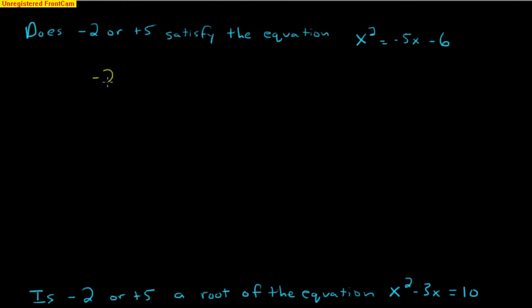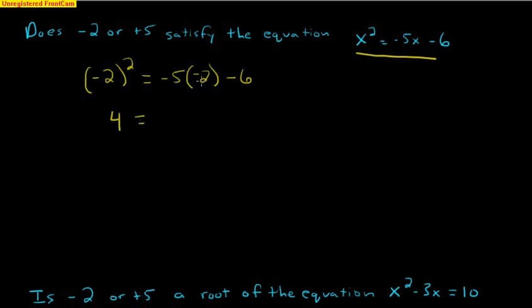Let's first test negative 2. Plug it in for x. Negative 2 squared equals negative 5 times negative 2 minus 6. All I did was take this equation, plug in negative 2 for the x's, and we're just going to find out if yes or no it's a solution to the equation. Negative 2 squared is 4.